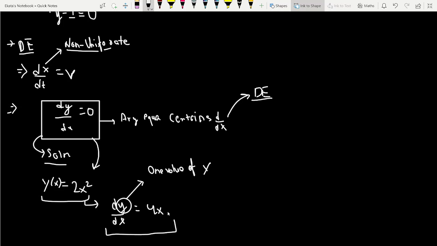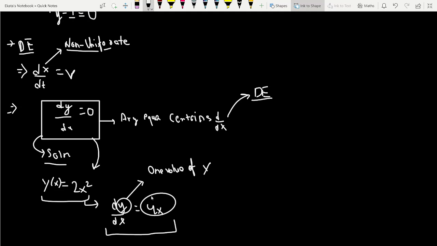So the methodological thing that we have to do here is find what value of y, when we differentiate with respect to x, will give this particular thing.